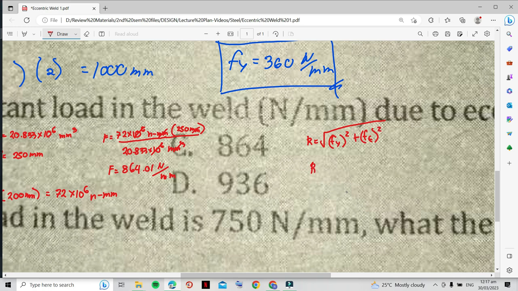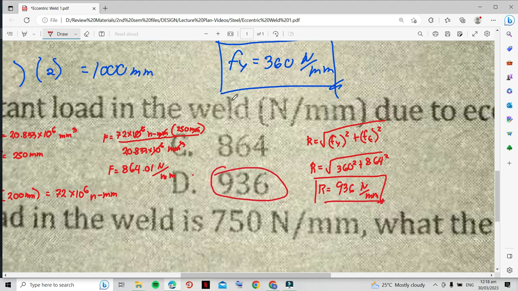So the resultant is the square root of 360 squared plus 864 squared, which is 936 Newton per mm. So the answer is really letter D.